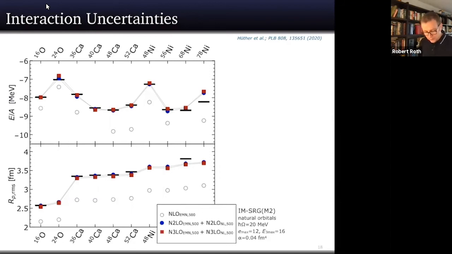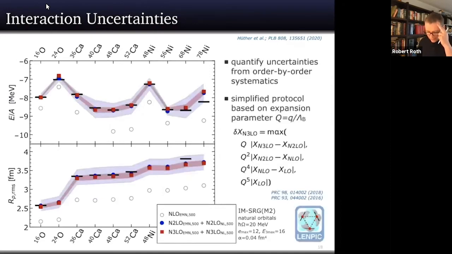There are different kinds of approaches, prescriptions, to extract an uncertainty for this chiral truncation from the order-by-order behavior of this chiral expansion. Here I just use a simple prescription, which however can be traced back and related to Bayesian methods for uncertainty quantification.